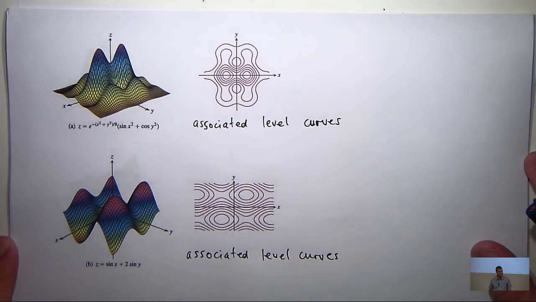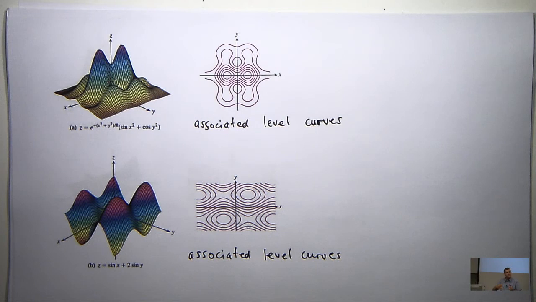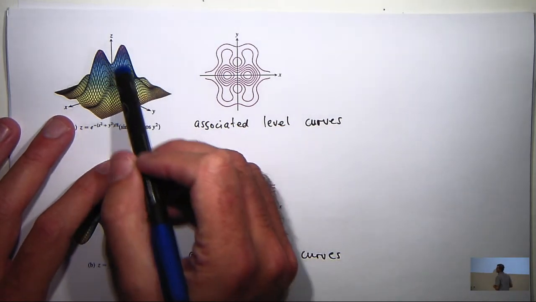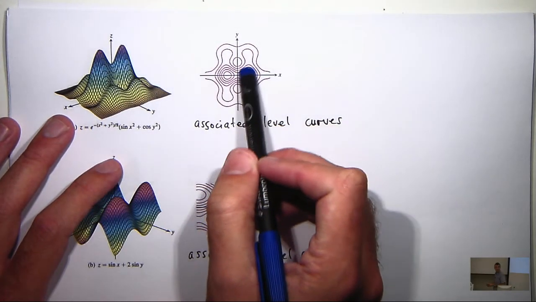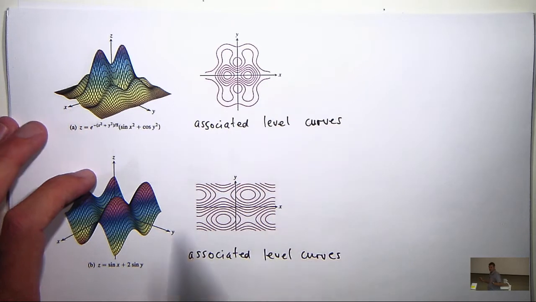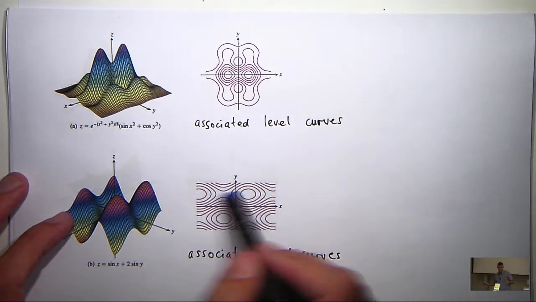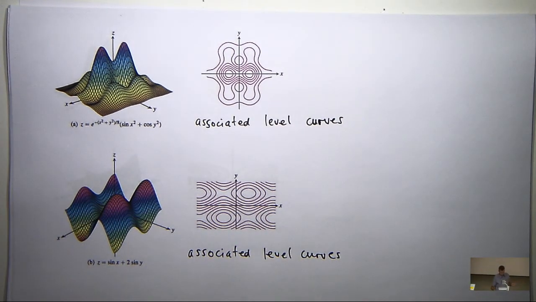Here are some crazy surfaces with the associated level curves drawn in. You can kind of see that when things get quite steep, the level curves are closer together. You should be able to see some sort of relationship. It might not be obvious now, but it'll come with a little bit of time.